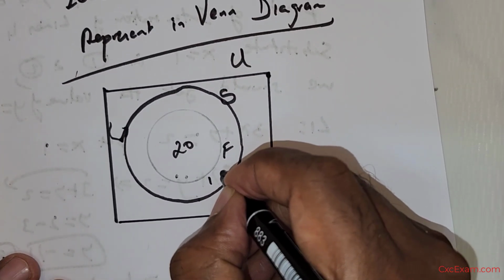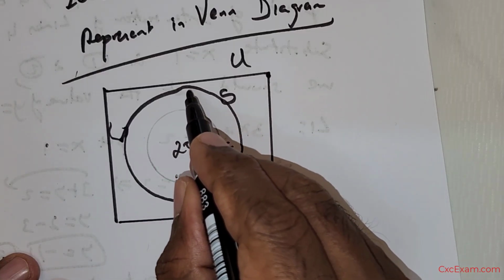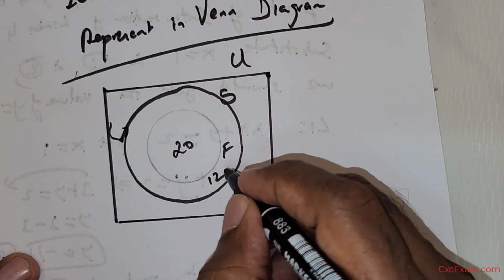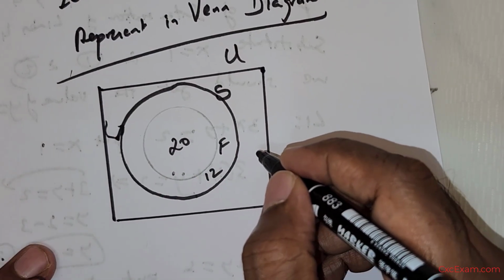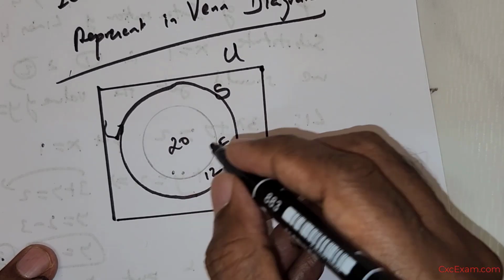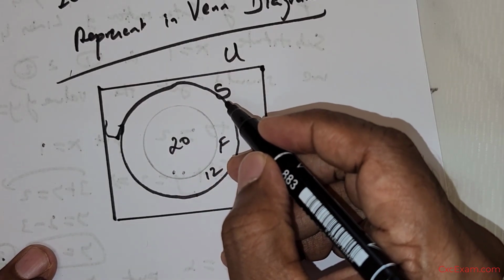Outside you will have 12 students. So the total comprises 32 students. Right, but the universal set contains them all, and there aren't any students who are left out. That means there are none who study neither of these languages, because all of the students are studying either Spanish or French.